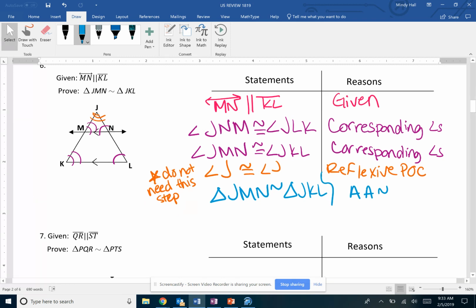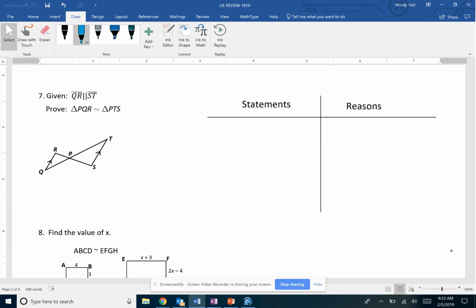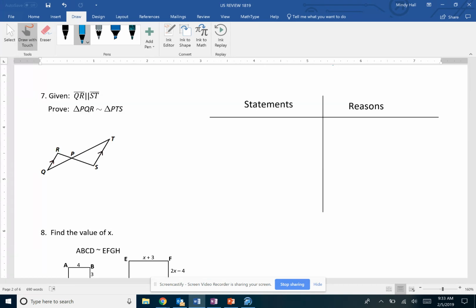So our next one, we got some more magical parallel lines. So that'll be our given. So we have QR is parallel to ST. So then because these are parallel, that should be a little hint in your brain that they're either going to be corresponding angles or there's going to be alternate interior.